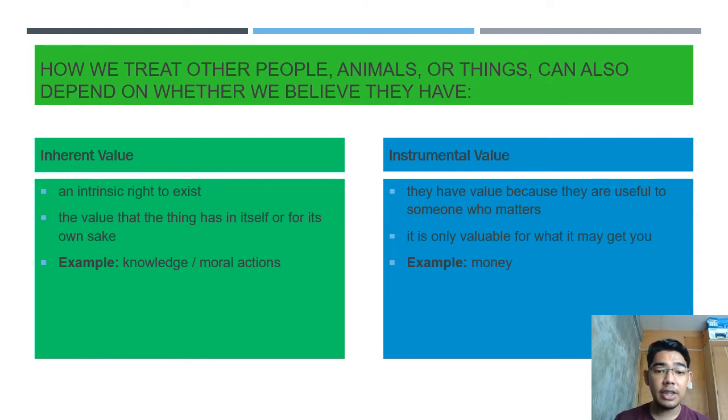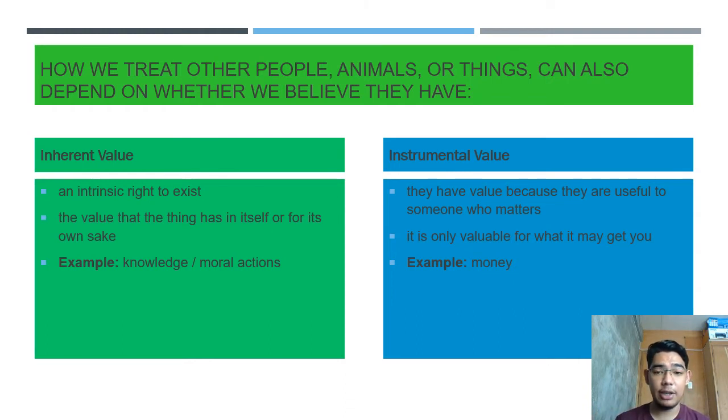To better understand the difference, always remember that inherent value is unconditional. Meaning, it does not depend on the situation. Whatever the situation, inherent value never loses its value. Its value does not go down or up.